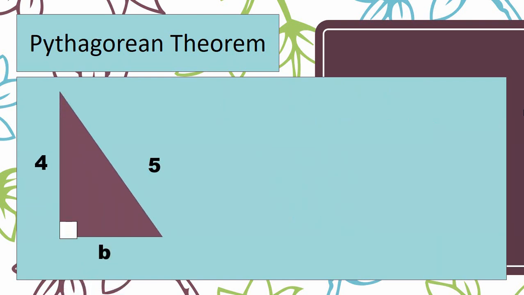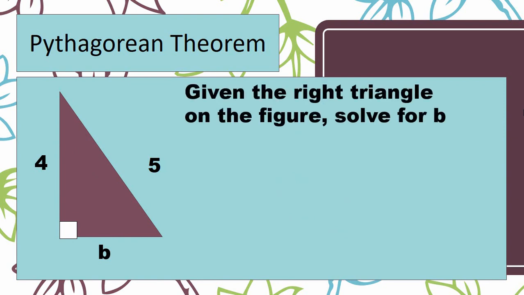So let us have another example. Given the triangle on the figure below, solve for b. I just gave you the same example so that you will understand how to solve a right triangle using the Pythagorean Theorem. Now we have 4 and the hypotenuse is 5.